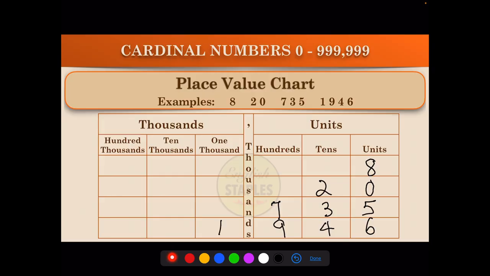That means we cross over. What is happening here? We cross over the thousands. So we're going to have a comma. So that number would actually look like this. 1, comma, 9, 4, 6. That's what the number actually looks like. So it's 1,946.